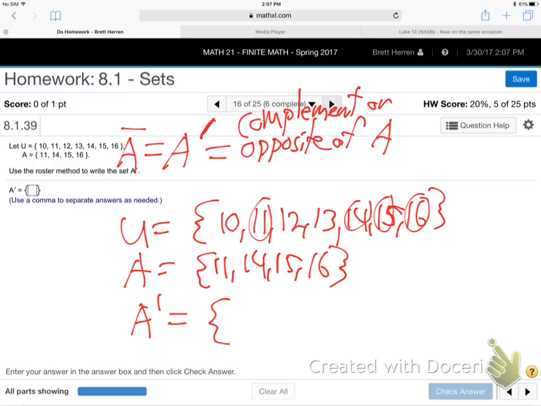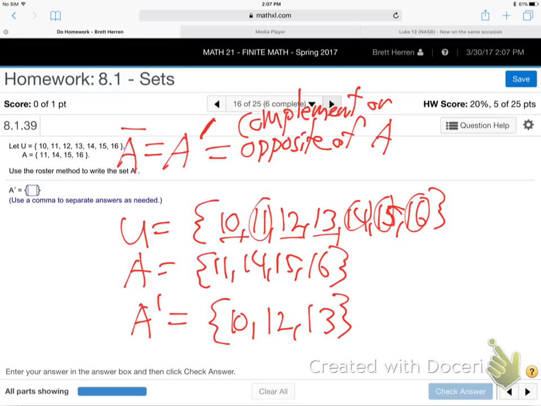Then the A complement, the people that did not get A's, would be the 10, the 12, and the 13. The other people in the universe that did not get A's. Does that make sense? If they give you a universe, then that's all things possible in that problem.